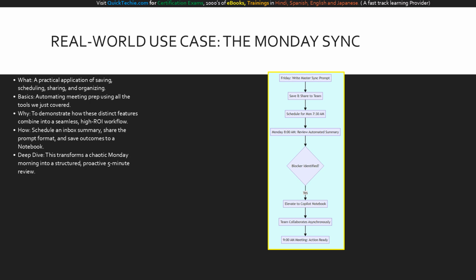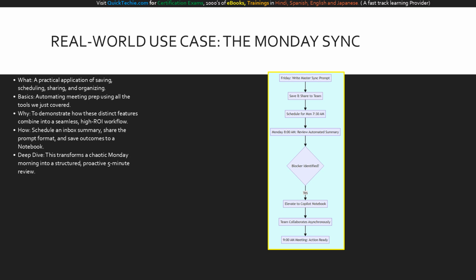This final flowchart maps out our real-world scenario from end to end. We start on Friday, where you write the master sync prompt. You move down to save and share to team, ensuring alignment. Next, you schedule it for Monday at 7:30 a.m. Over the weekend, the system waits. At Monday 8:00 a.m., you simply review the automated summary.